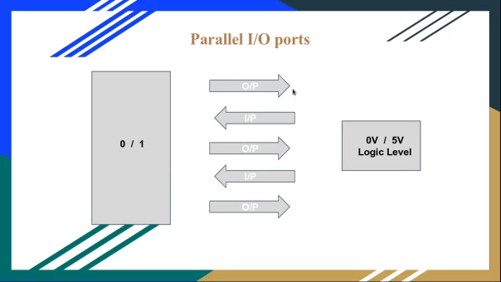We can also have output, which will map 0 to 0.0 volt or 1 to 5.0 volt. So we can see that the individual pins of this particular reconfigurable port could be an input or an output.